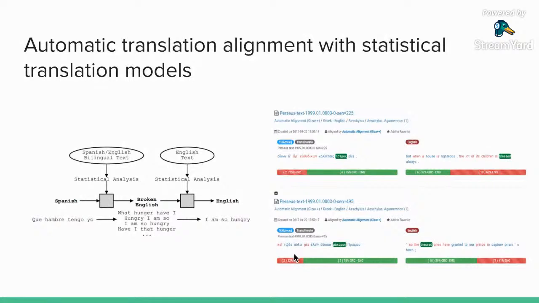In Ugarit, we use the translation pairs, the aligned pairs produced by the users and by Giza++ as well, as training data to implement automatic alignment methods. And this is the reason why I was saying Ugarit, as much as similar translation alignment editors, functions as a crowdsourcing project, because all of your aligned pairs will function to improve statistical translation methods for historical languages in particular.